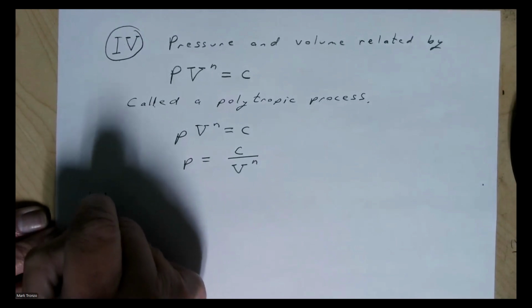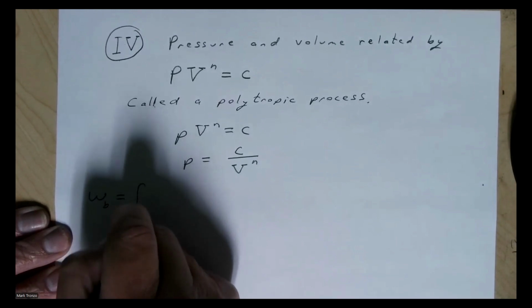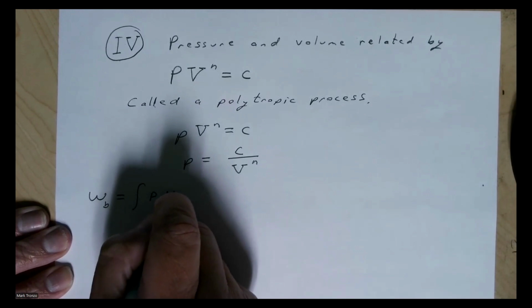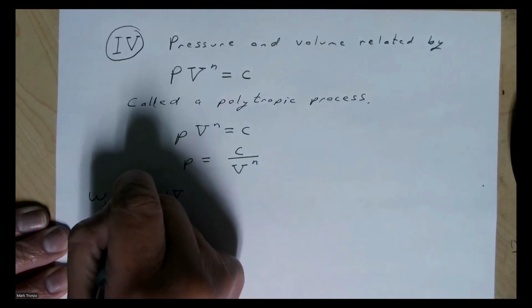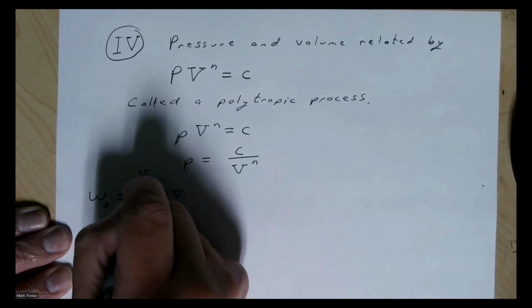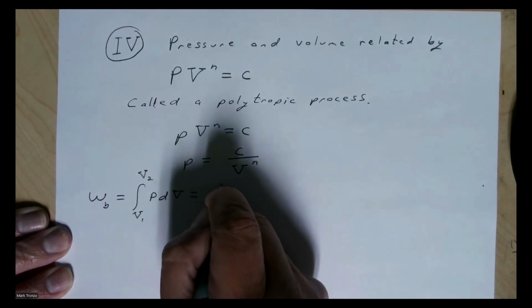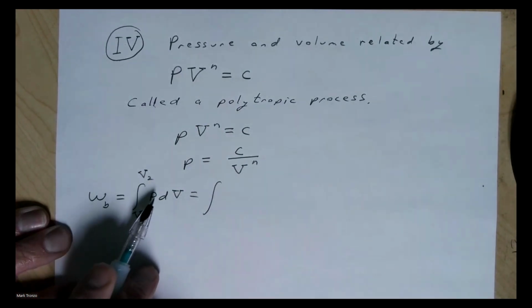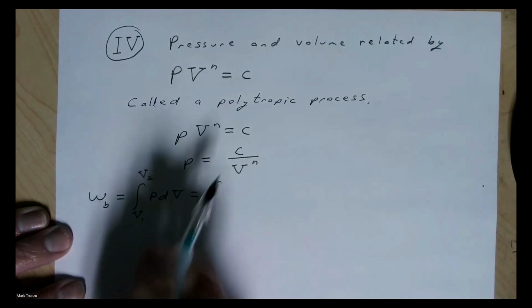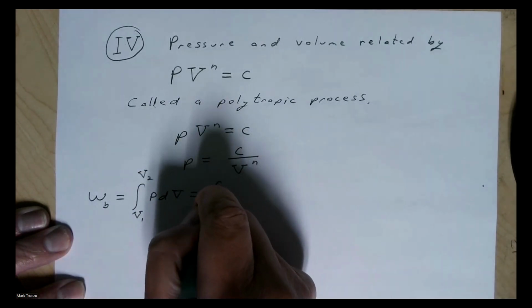And then if you look at your boundary work, remember PdV, V1 to V2. And we can put P into here. So that'll give us C over V to the N. I'll factor out the C like we did previously.